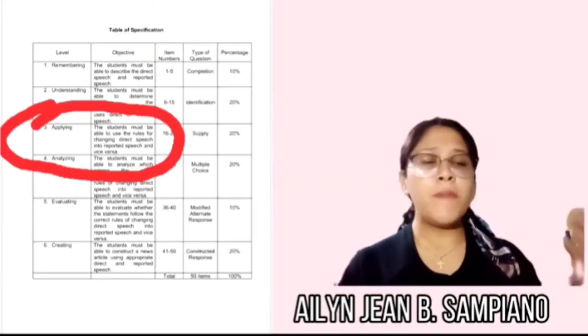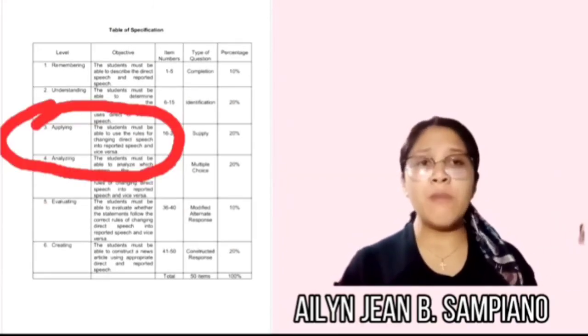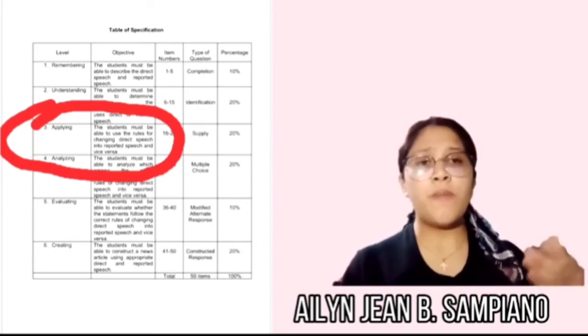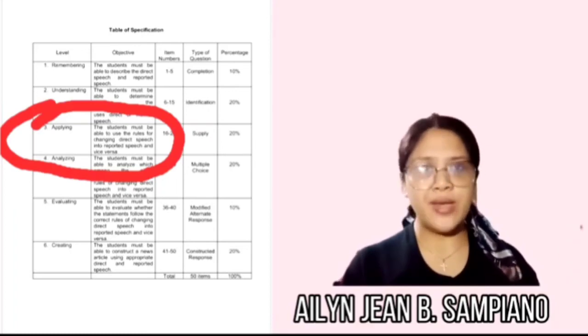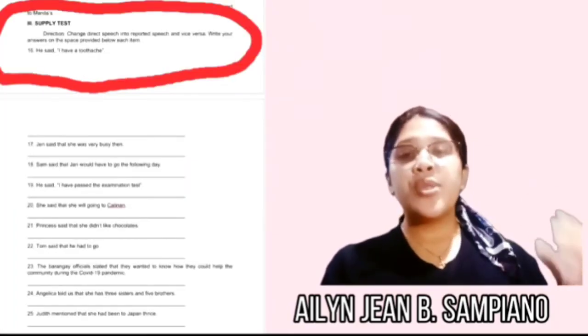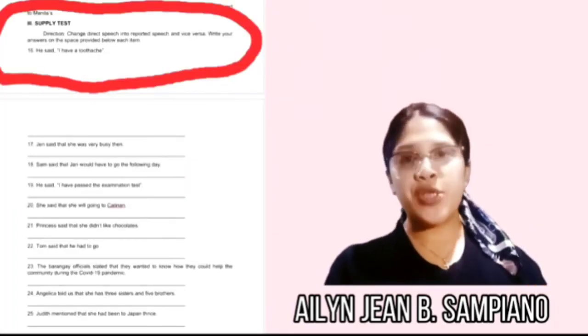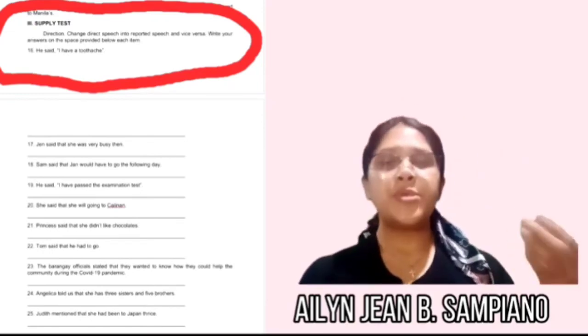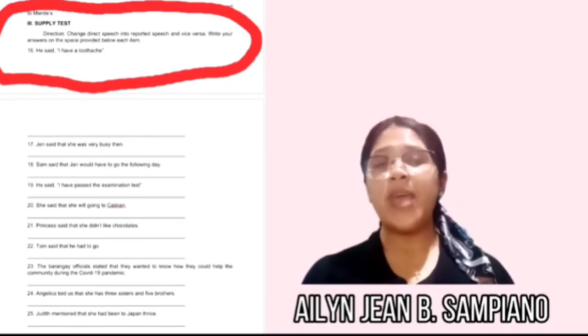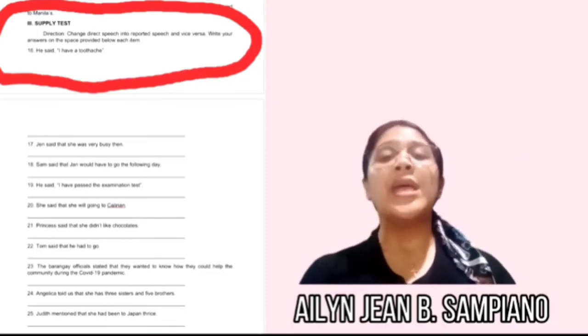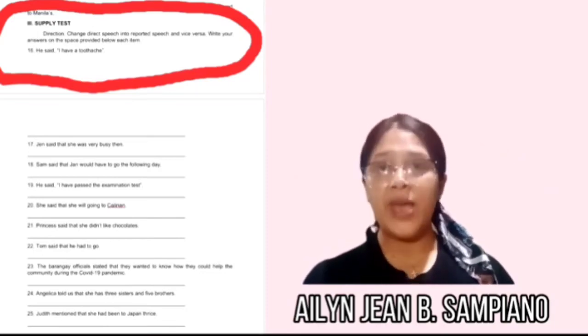The objective of applying is that the student must be able to use the rules for changing direct speech into reported speech and vice versa, which is matched to the Test 3 supply test direction. Test 3 and the TOS applying level require students to change direct speech into reported speech and vice versa.